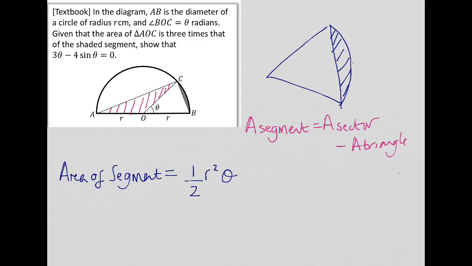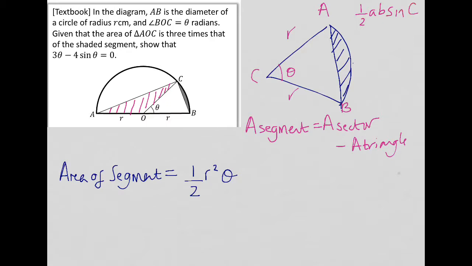Well, this goes back to sine rule, cosine rule, and half AB sine C, because I can use on this the formula of half AB sine C, because if I draw on this triangle here, that's theta, and if I label it A, B, C, and this is R, and my formula for the area of a triangle is half little a, little b, sine C.